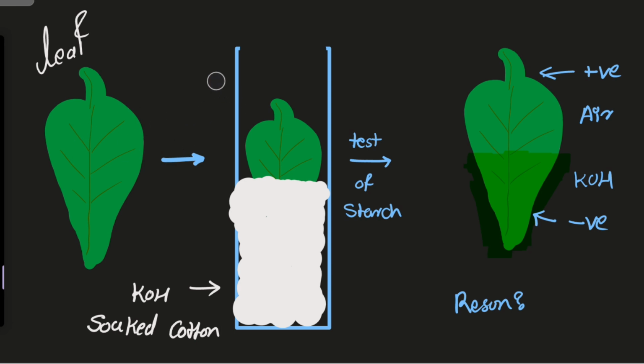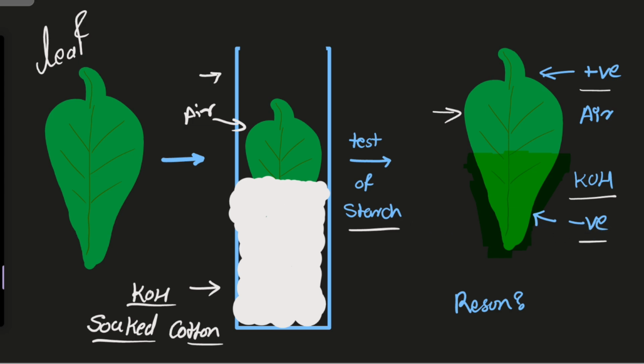So this is the test tube. Half part is exposed to the air and half is dipped into the KOH soaked cotton. The exposed part shows positive results for starch and the KOH dipped part shows negative results for starch.